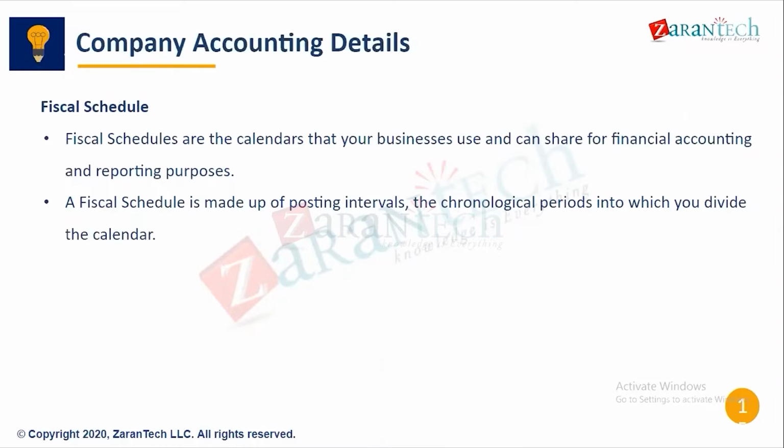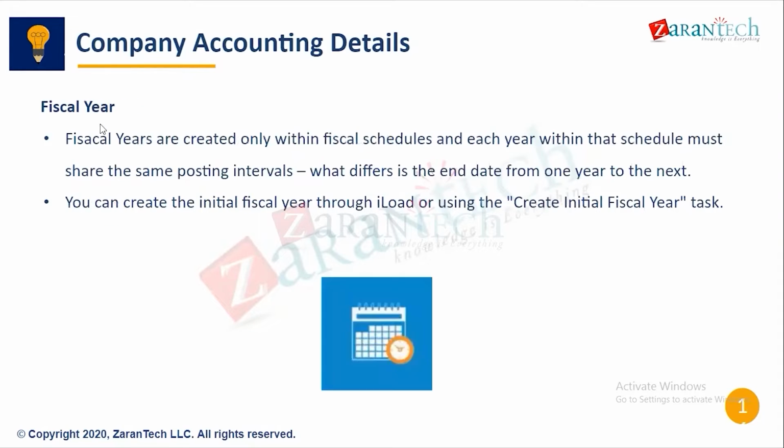From that fiscal schedule, we defined the posting intervals, and from the posting interval, we defined our first initial year. This is the activity where it is performed. There are certain other activities still coming that we will do under this fiscal schedule.